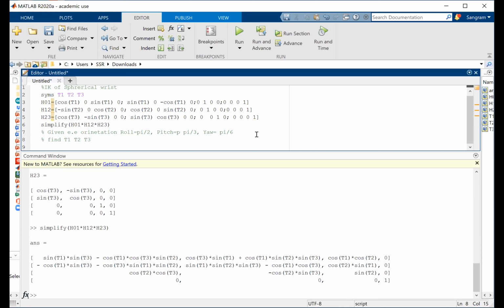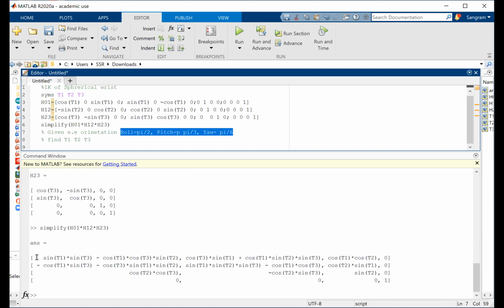So what I'm going to do, and listen to me very carefully, is take this roll, pitch, and yaw, the orientation, and convert that into a rotation matrix.